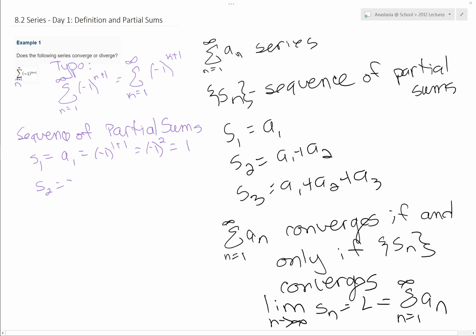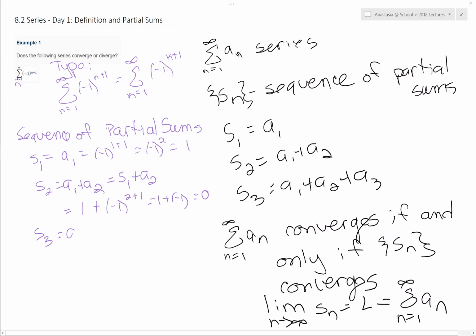Now s sub 2 is a sub 1 plus a sub 2. So notice that's the same thing as our previous sequence value plus the next term. So that's going to be 1 plus, now we'll have negative 1 to the 2 plus 1, so that's negative 1 cubed, which will be negative 1. 1 plus a negative 1 will give us a 0.